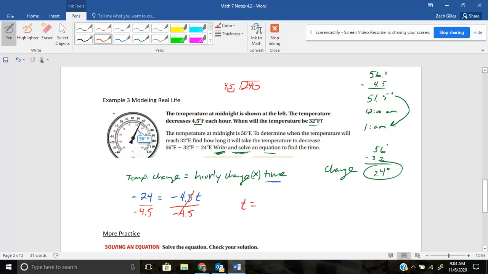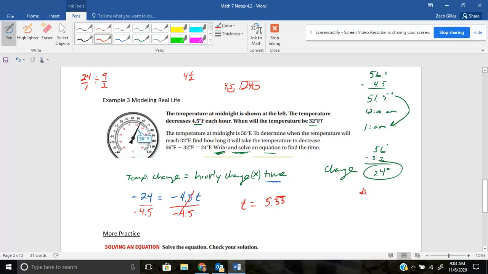You could think of it as 24 over 1 divided by 4.5, which is, let's see, 9 halves. And then you could do keep flip flop. You could do this a number of different ways, but when you solve, you should arrive at 5.33, and that repeats.